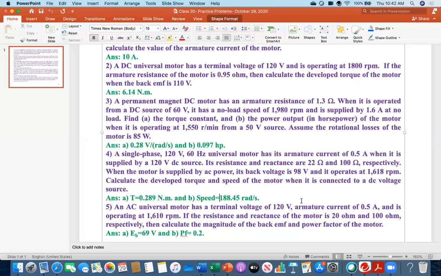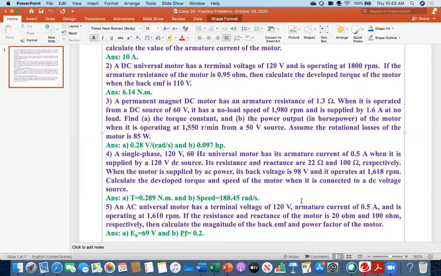If you draw the impedance triangle, the R, X, and Z relationship: the x-axis base is your R, the perpendicular is your X reactance, and the hypotenuse is the impedance Z. Z magnitude is root over R square plus X square, which is root over 20 square plus 100 square. That is used to calculate the magnitude of the impedance, to calculate EB.